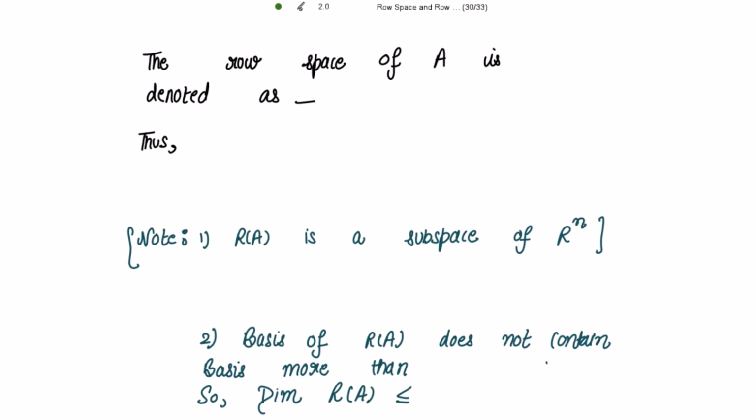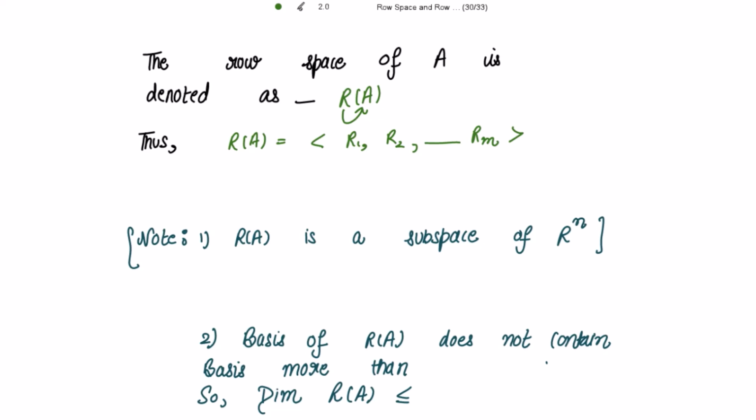The row space of A is denoted as R(A). Thus, we can write the row space of A as generated by R1, R2, and so on, Rm, right? Please note here, R(A) is a subspace of Rn, the n-dimensional space over reals.